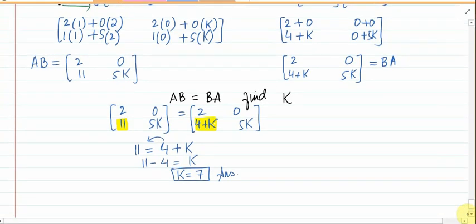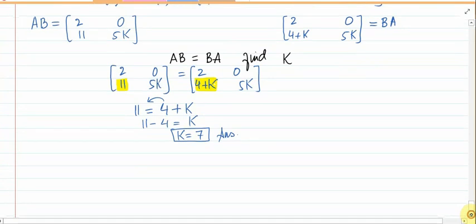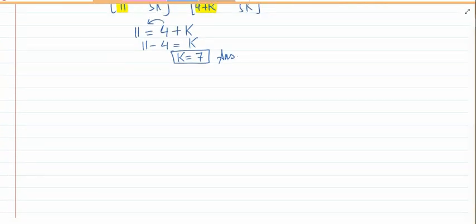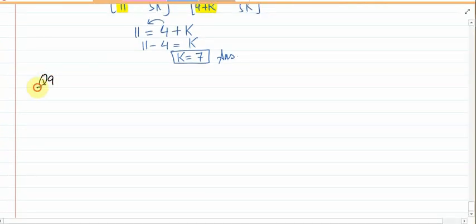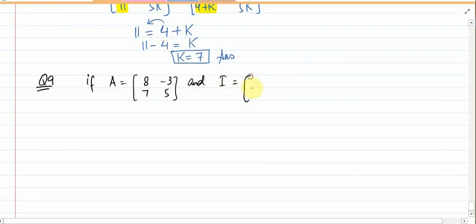Moving on to the next question. It was question number 8. After that, question number 9. Same exercise, same book. If A is equal to [8 7; -3 5] and I is equal to [1 0; 0 1], evaluate the following.